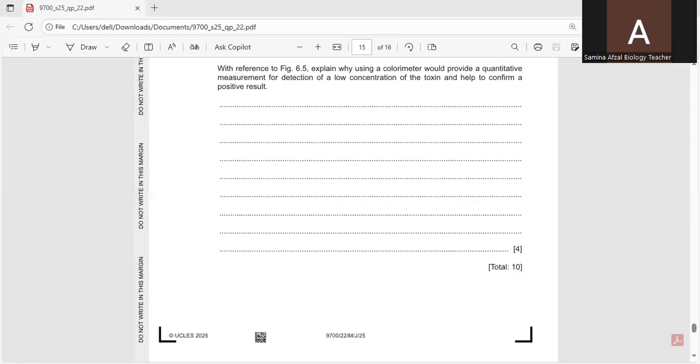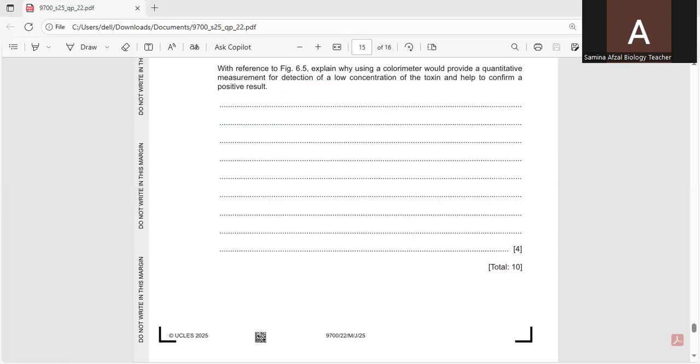Secondly, the colorimeter measures the intensity of the color by measuring the amount of light absorbed by the sample. According to the reaction in the figure, the amount of blue-green product is directly proportional to the activity of the enzyme. Since the amount of HRP is proportional to the amount of detection antibody bound, and the detection antibody is proportional to the concentration of the toxin captured, the absorbance reading is directly proportional to the original toxin concentration.